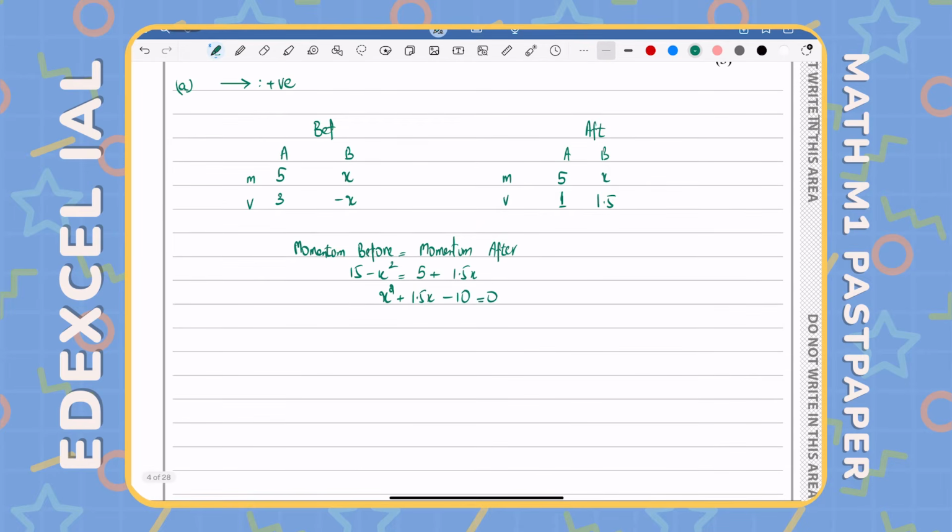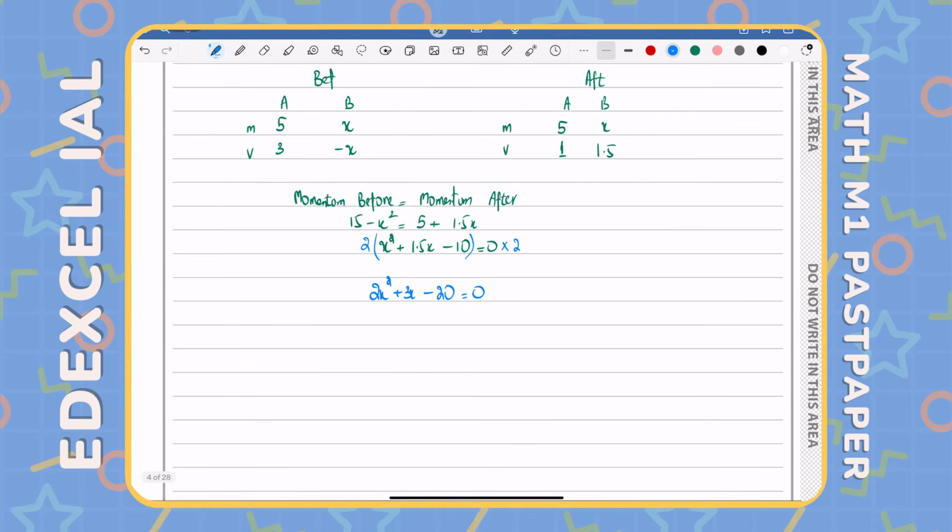Now, we can multiply the entire thing by 10 to get rid of the decimal, or we can also multiply it by 2, because 1.5 times 2 is equal to 3. Our objective is to get rid of the decimal so we can solve it. Once I multiply both sides by 2, we have 2x squared plus 3x minus 20, and the objective behind doing this is so that I can solve it easily with the help of middle term breaking. Factors of 40 that leave us with positive 3 are 8 and 5.